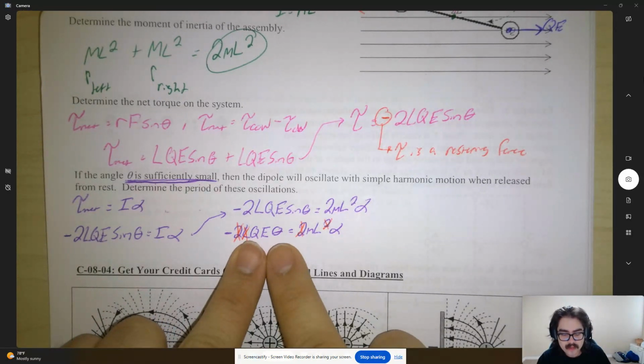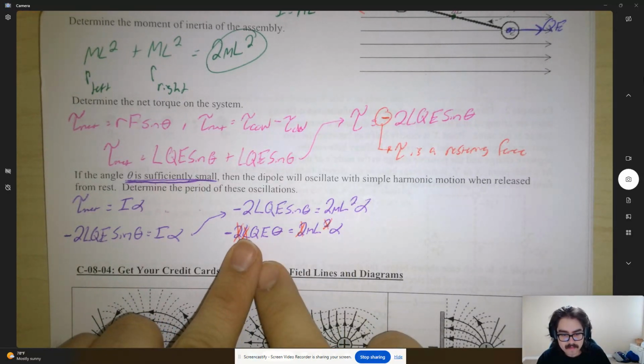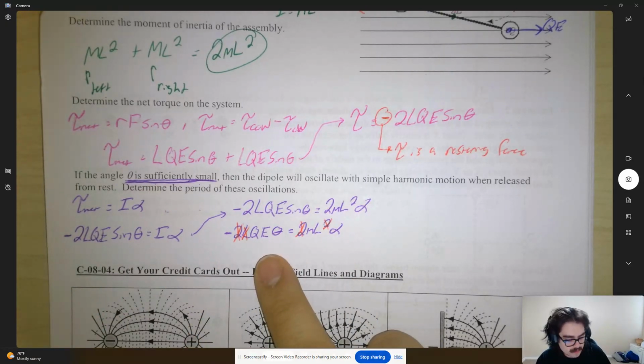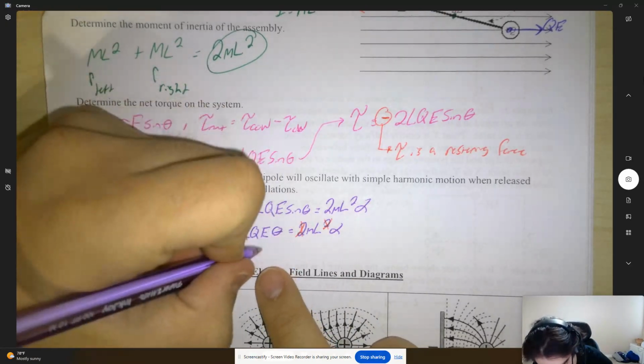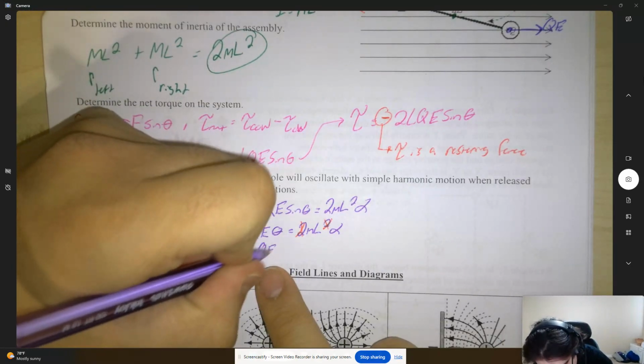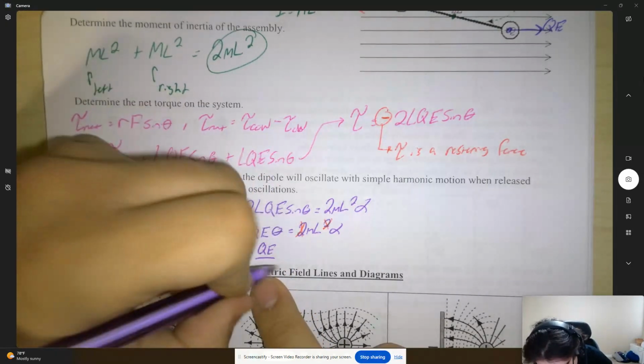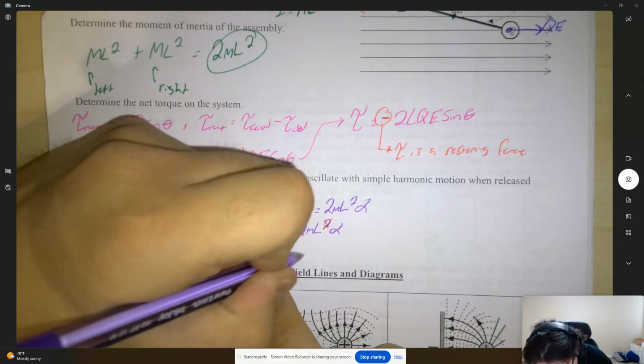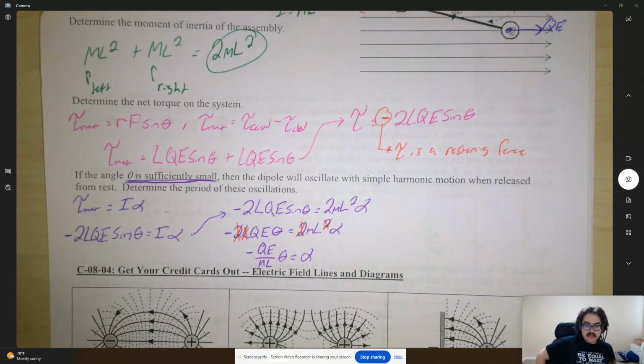If I divide both sides by m L to get the alpha on one side, this ends up becoming negative Q E over m L theta equals alpha. And this right here is the simple harmonic motion differential equation.